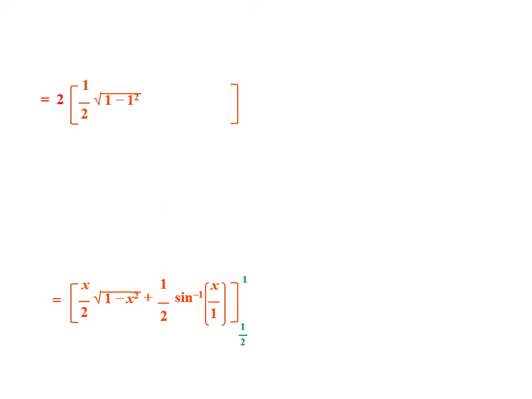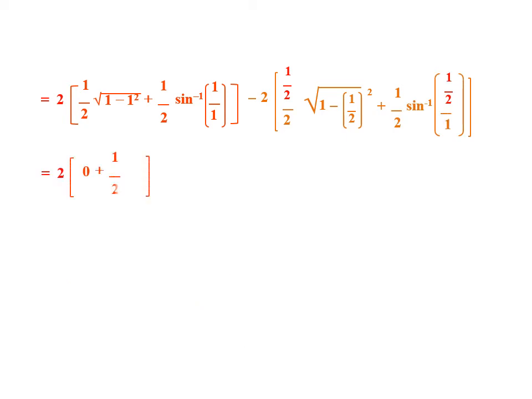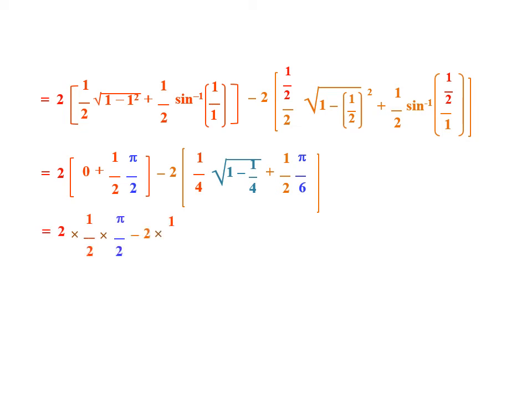So 2 times x by 2 root of 1 minus x square plus 1 upon 2 sine inverse x, evaluated from 1 by 2 to 1, which gives 2 into 0 plus pi by 4 minus 2 into 1 by 4 root of 1 minus 1 by 4 plus 1 upon 2 sine inverse 1 upon 2.